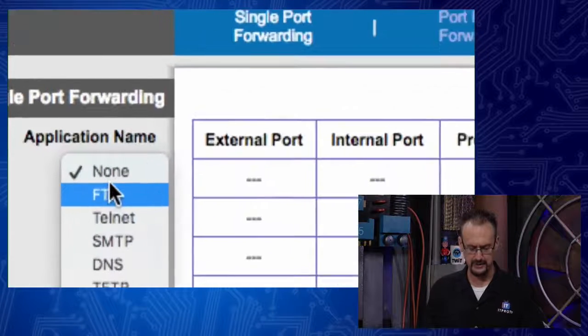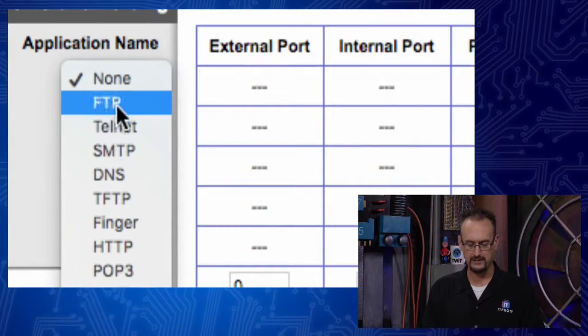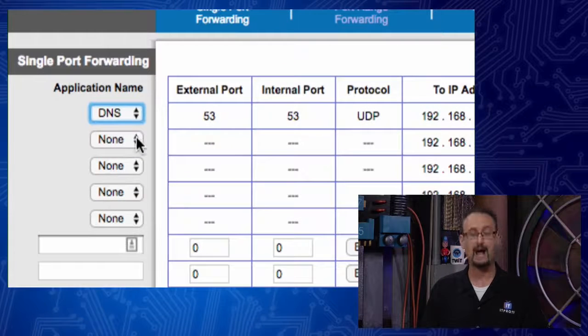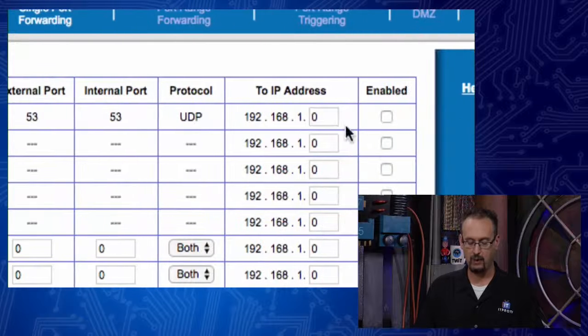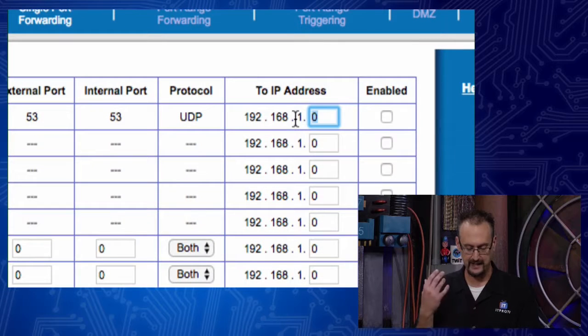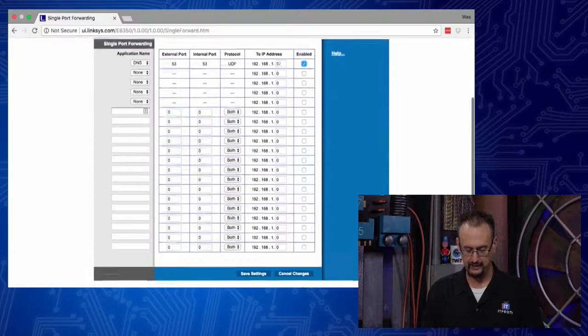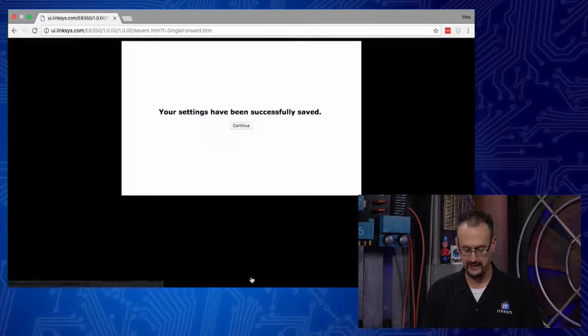What we can do is say, I want to forward a specific type of traffic. It doesn't have to be gaming, I'm just giving that as an example. Notice it's saying, if you see port 53, in this case DNS traffic, I want you to send that to a computer on my network, let's say 192.168.1.12. Then I can enable that and save those settings.